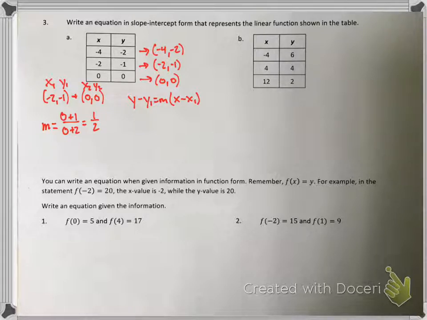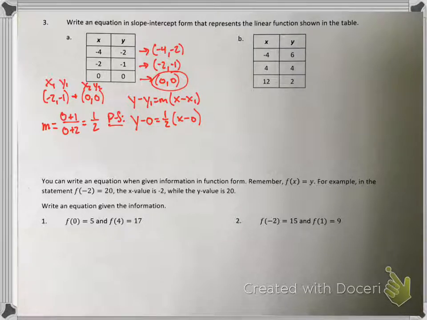I'm going to use my slope of 1/2 and the point (0, 0) because we got 2 zeros. It's going to be really easy to plug stuff in and move through the math pretty quickly. So plug in 0 for y1, 1/2 for m, 0 for x1. This is in point-slope form.